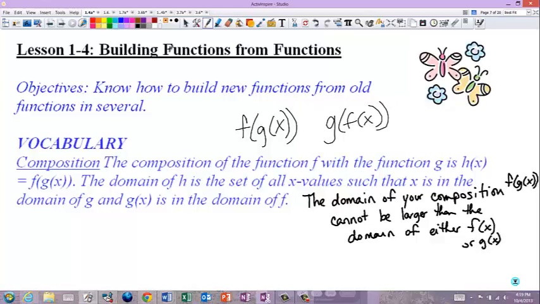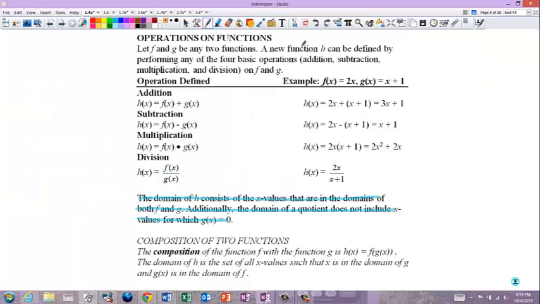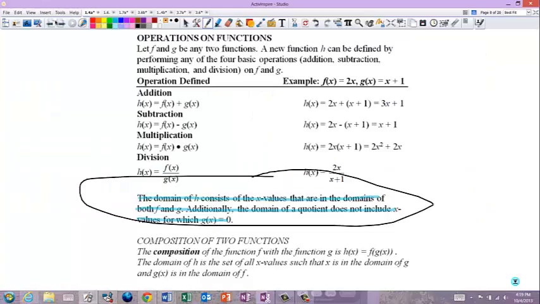Okay. And that's what I said right there.